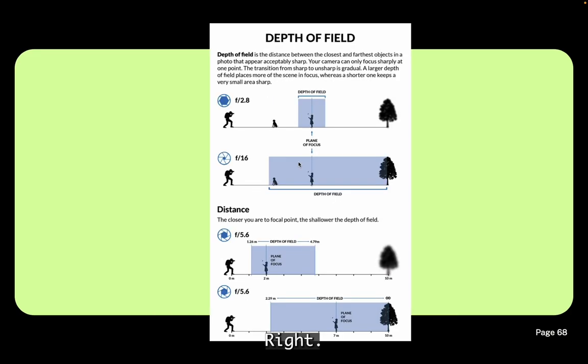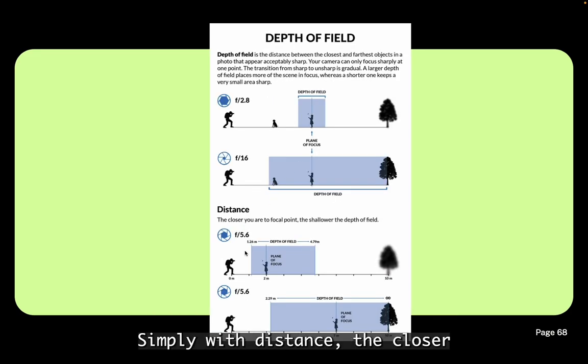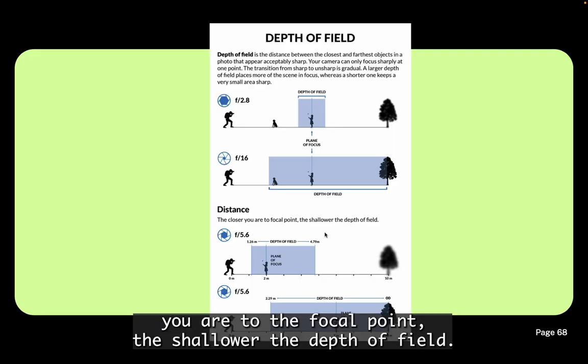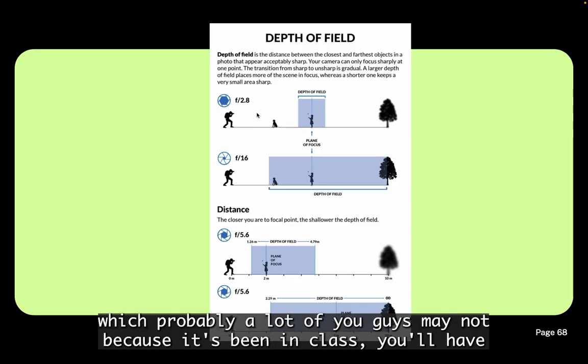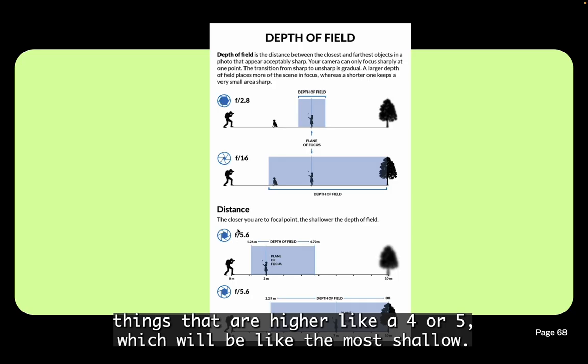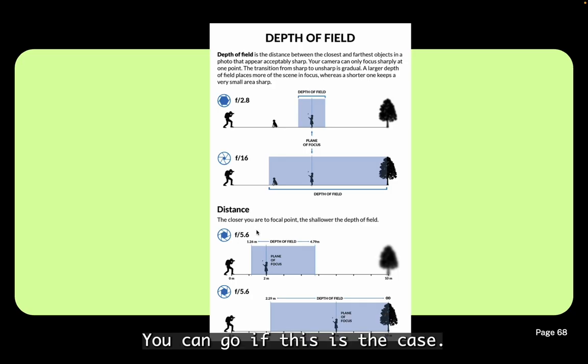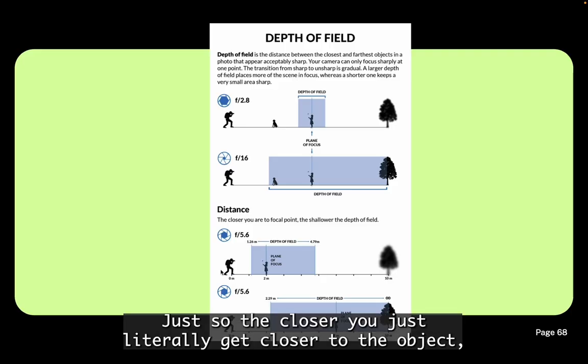All right. Same thing with distance. The closer you are to the focal point, the shallower the depth of field. So let's say you don't have something that's 2.8, which a lot of you may not because it's a beginning class. You'll have things that are higher, like a 4 or 5, which will be the most shallow you can go. If this is the case, just get closer.